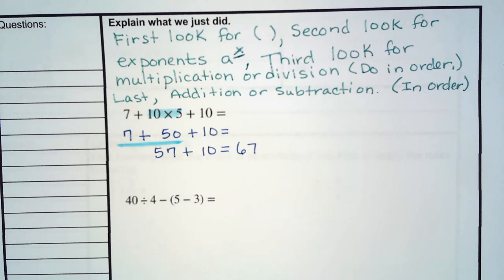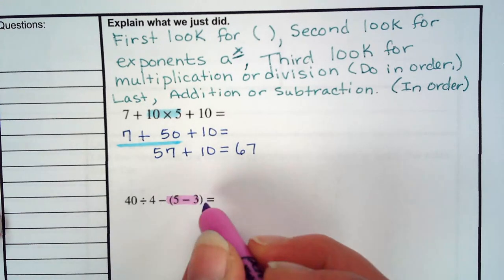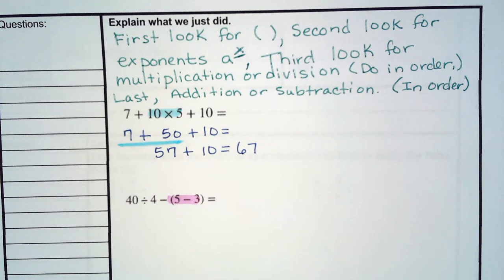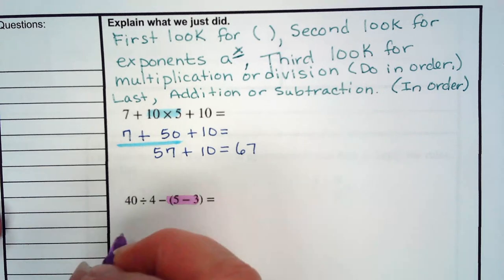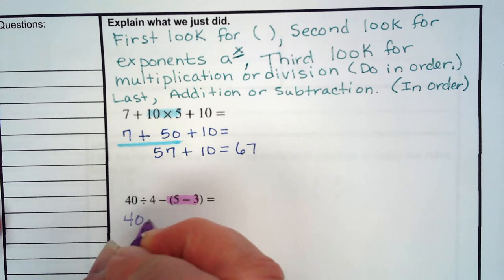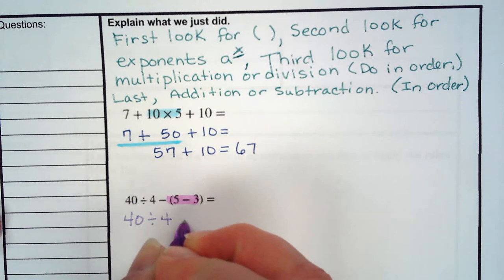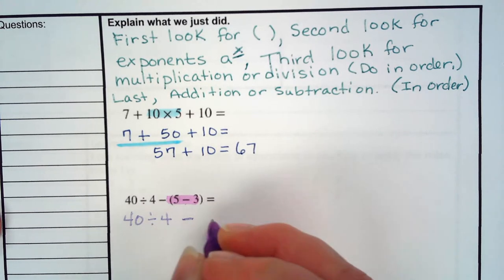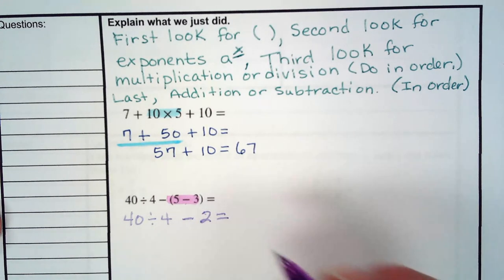For the next one, pause the video and decide what you do first. Highlight, underline, or circle. If you highlighted or underlined or circled 5 minus 3, you are correct. 40 divided by 4 minus the quantity 5 minus 3 is 2 is equal to.